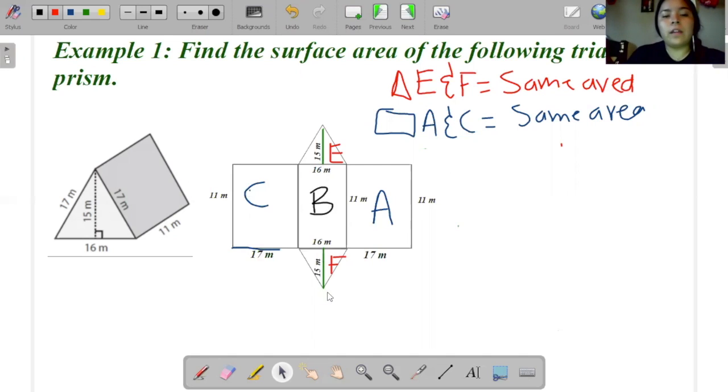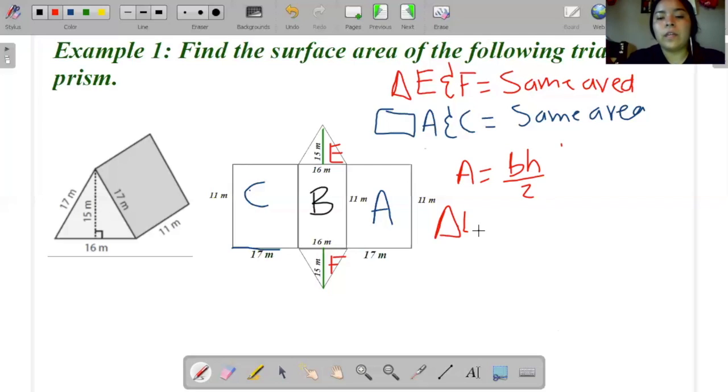So let's find the area of triangle E. We know that to find the area of a triangle, A is equal to base times height over 2, right? So then the area of triangle E will be 15 meters times 16 meters over 2.